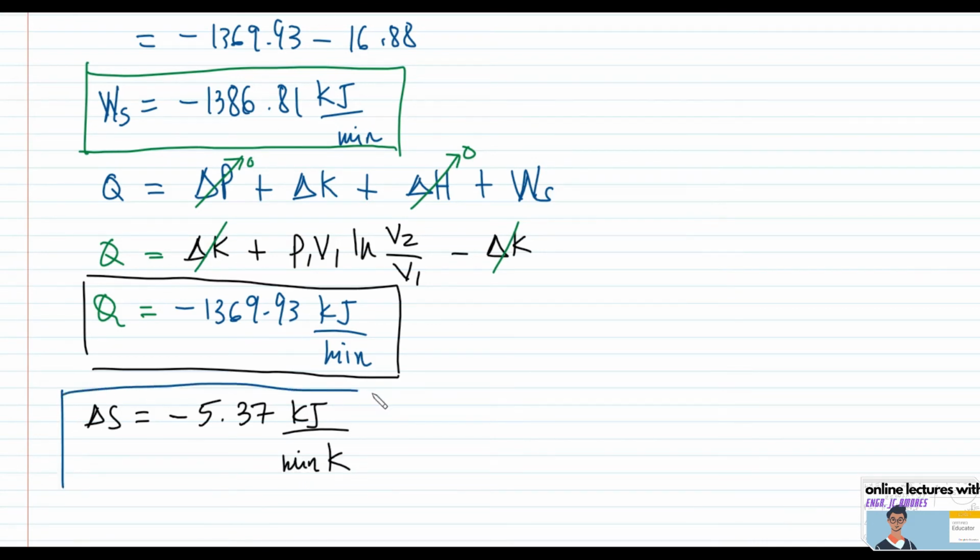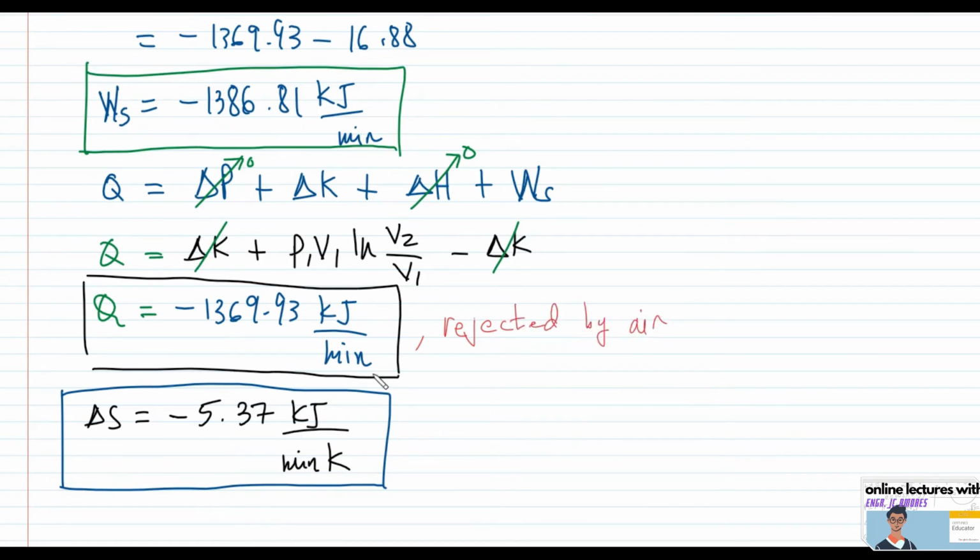Okay, so let's just summarize this problem. We have heat is negative both for steady flow and for the non-flow process. So we could say that heat is rejected. Let's just write it down. It is rejected by air.